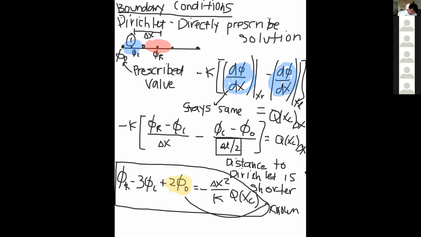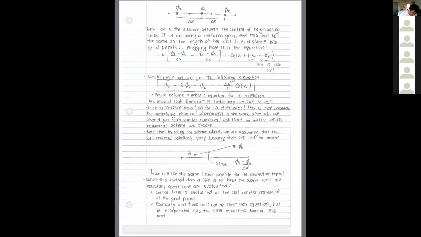Okay. Sorry, my clear button was obscured. So we can write the final form of the Dirichlet boundary condition. We have phi r minus 3 phi c is equal to minus delta x squared over k times q at xc minus 2 phi naught.